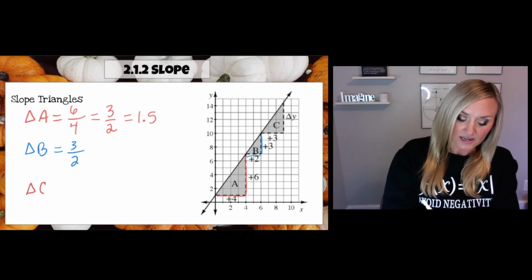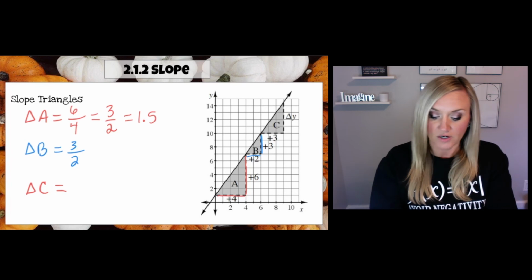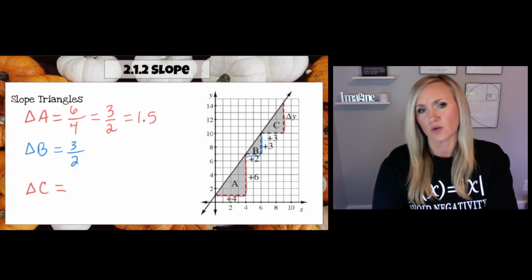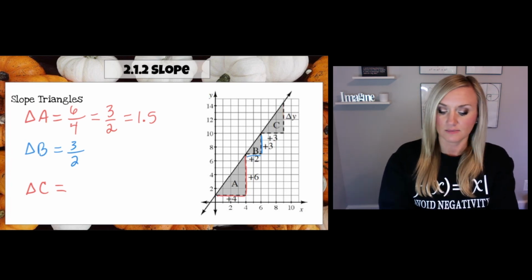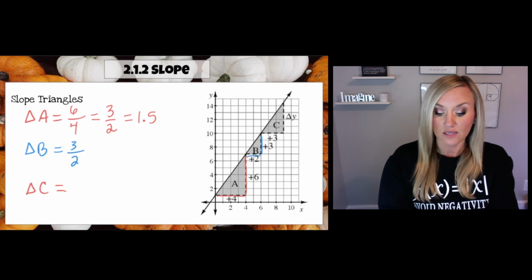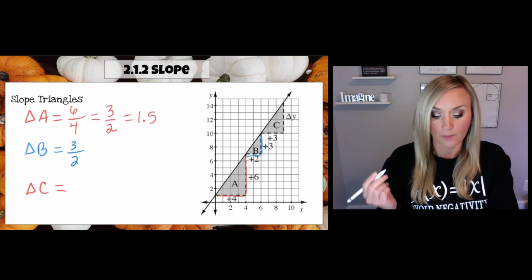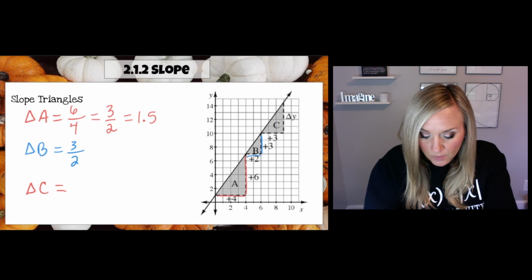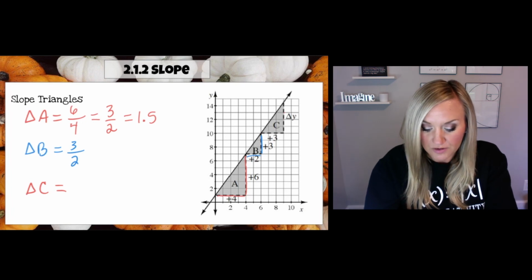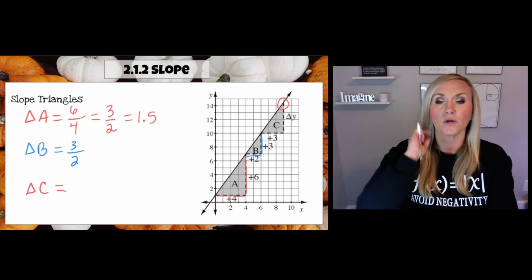So for triangle C, rise. Ooh, I don't know what that is. Let me erase. It says the change in y is happening there. And so you're jumping up 1, 2, 3, 4, but notice that's not a perfect point.